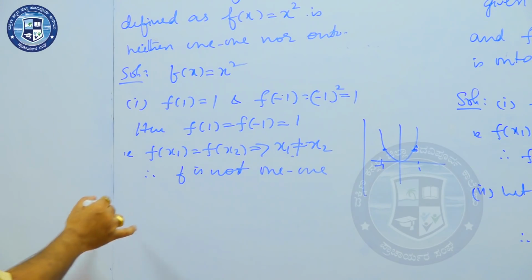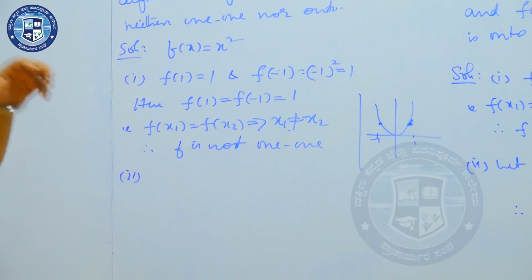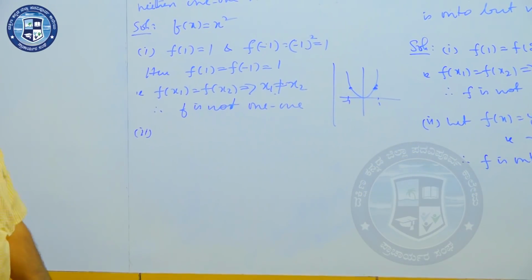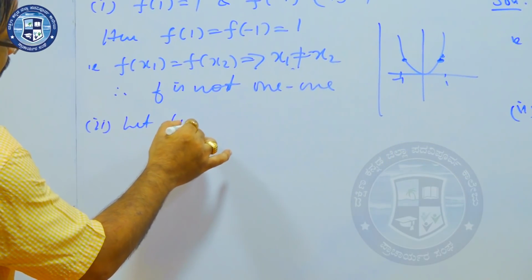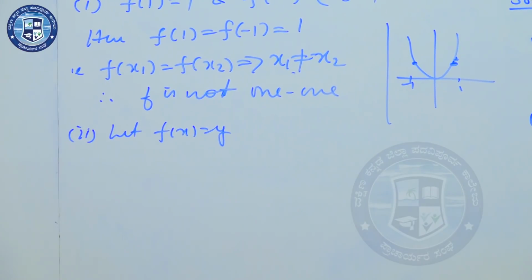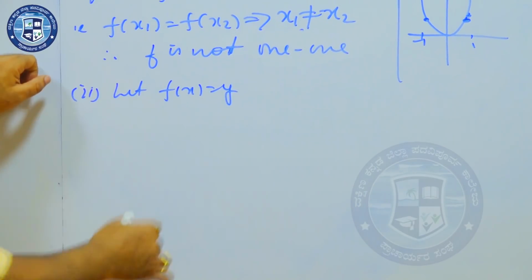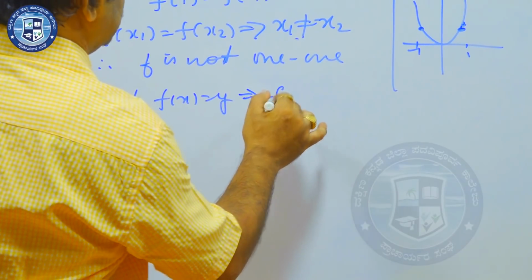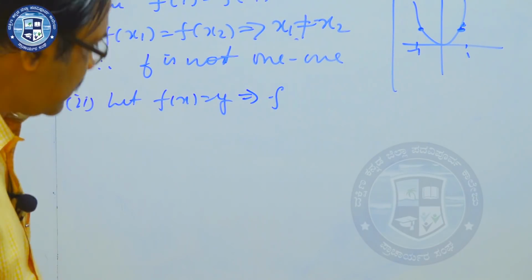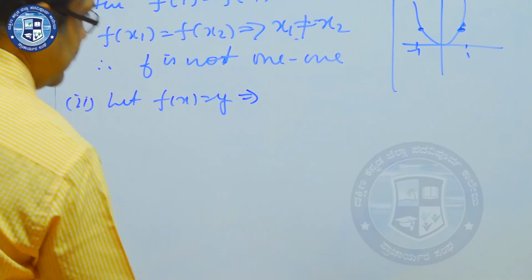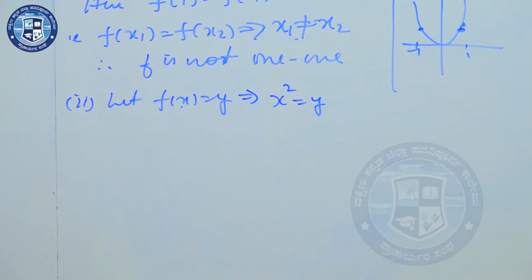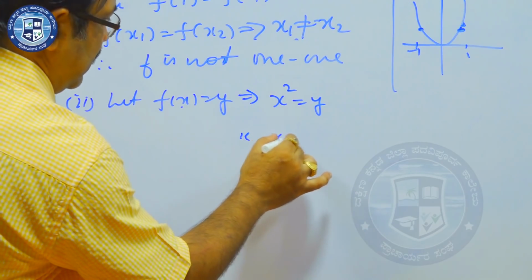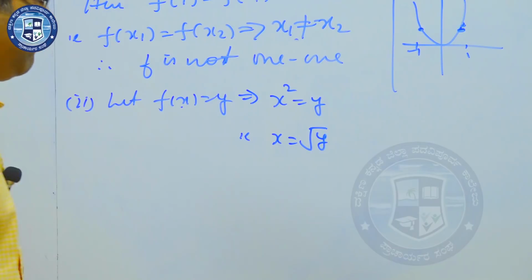Now, what about this second case? How do you verify onto function? See, let f of x is equal to y, correct? This implies, what is x? f of x is x square, that is equal to y. That is, x is equal to root of y.